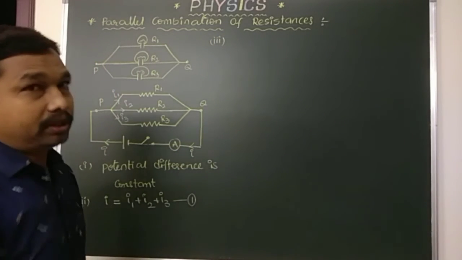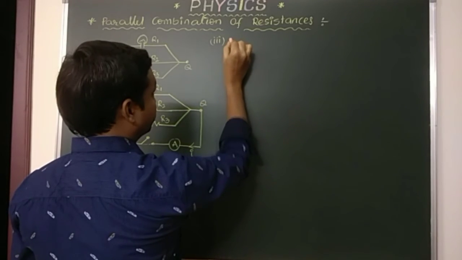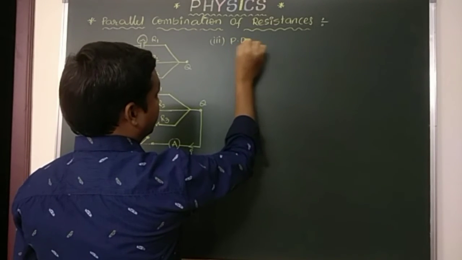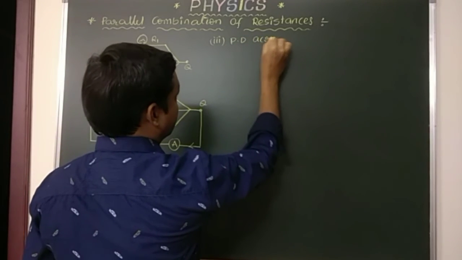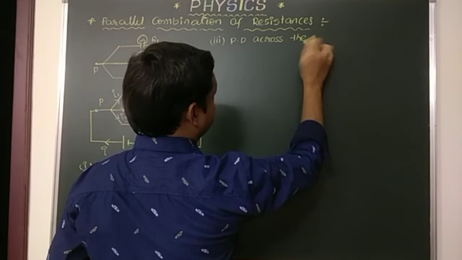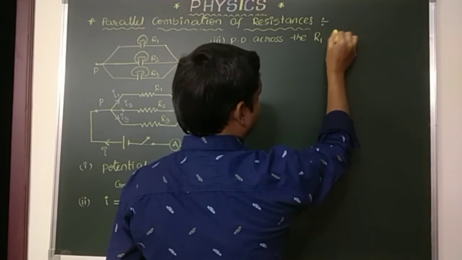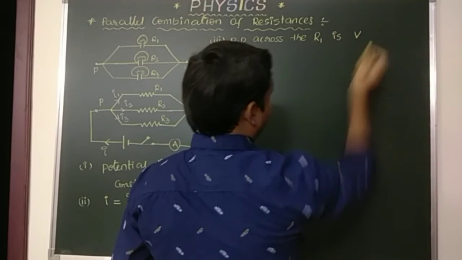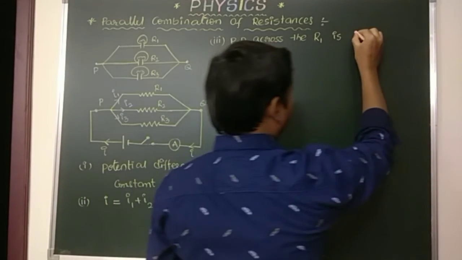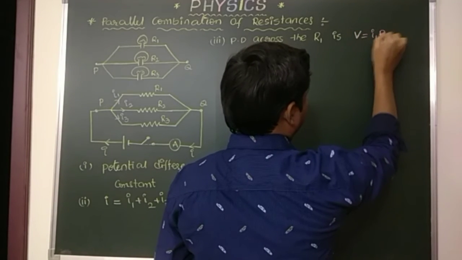What is the potential drop across the resistance R1? It is V is equal to I1 R1.